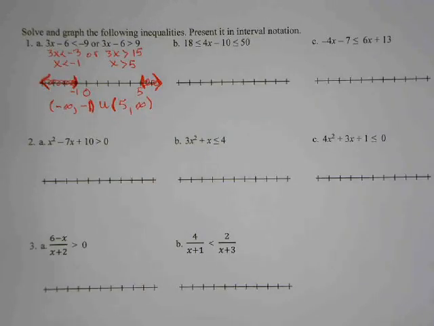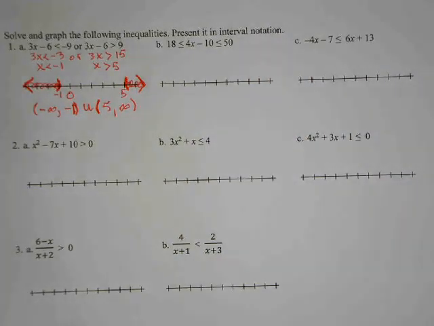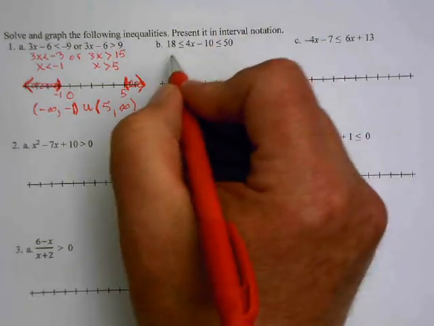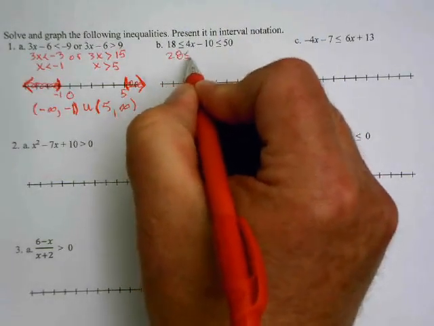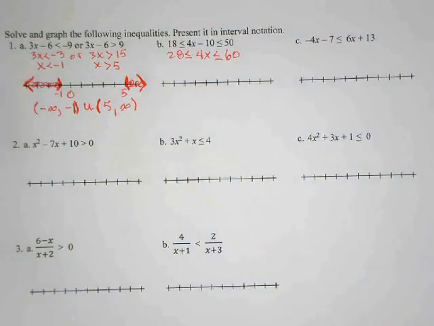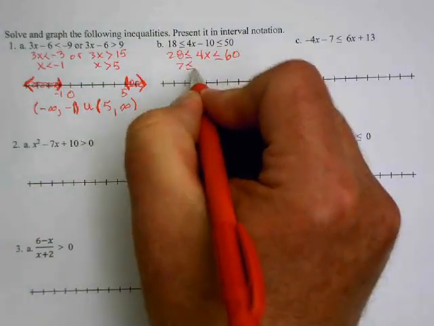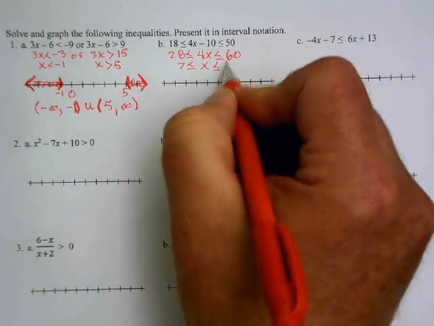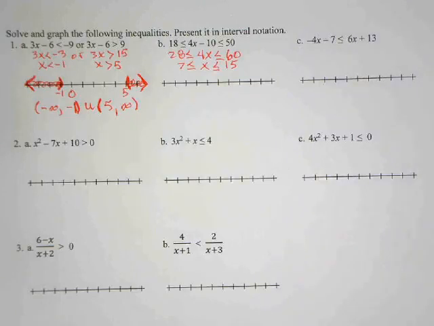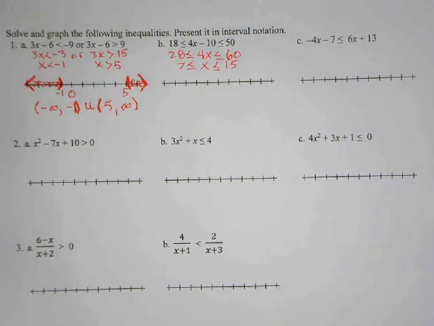All right, in part B here, I have 3 parts. But I'm going to do the same thing to all of them. So first, I'm going to add 10 to all 3 sides. Now I'm going to divide all three parts by 4. And again, the important thing, since I have no numbers, is just make sure I can get everything on the graph.